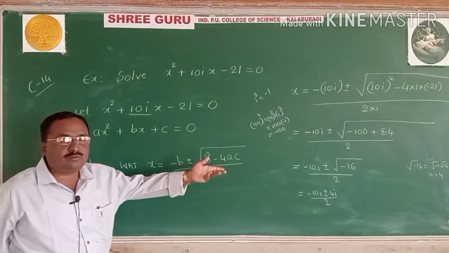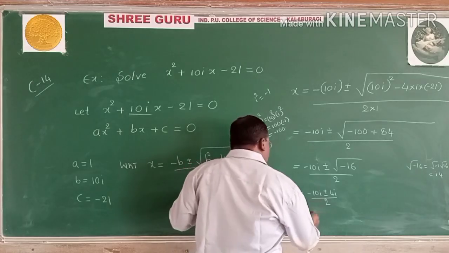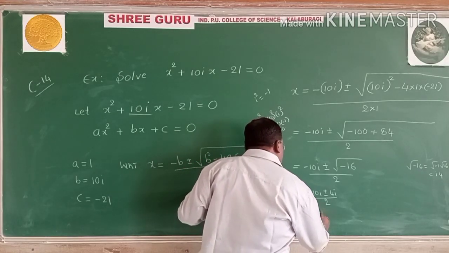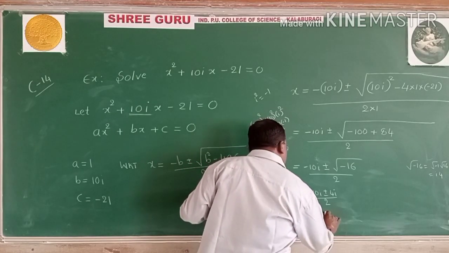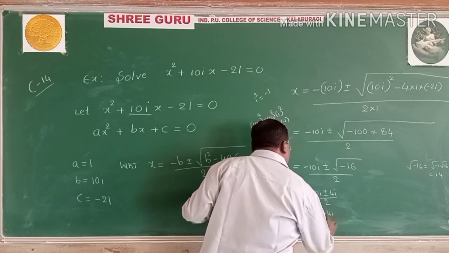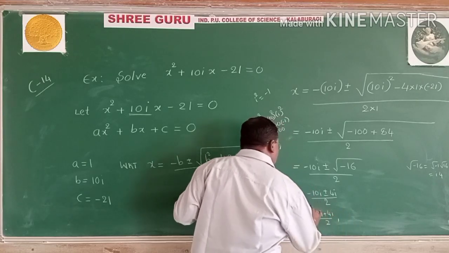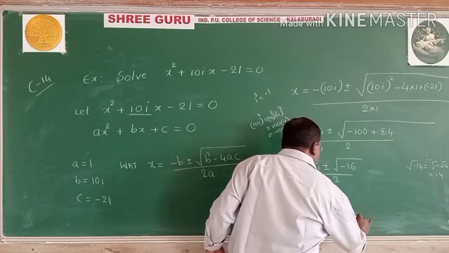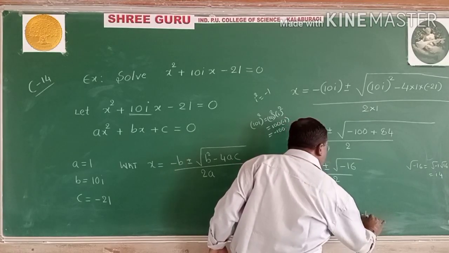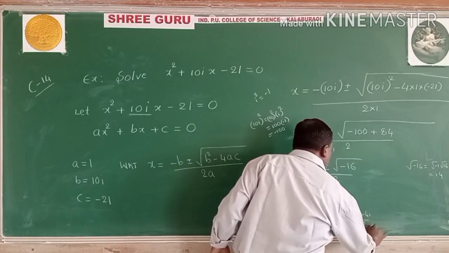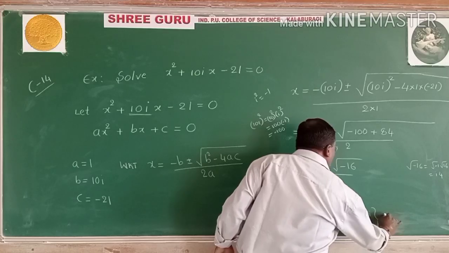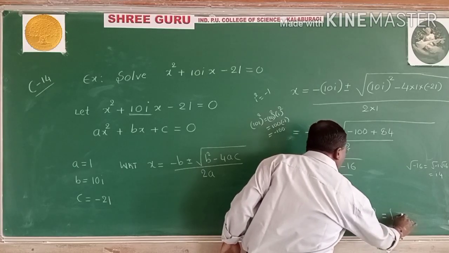One we take positive, one we take negative, so 2 values: minus 10i plus 4i divided by 2 is one value, and the other is minus 10i minus 4i divided by 2. The first is minus 6i by 2, which is minus 3i.